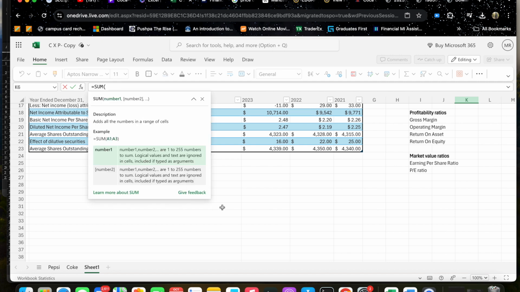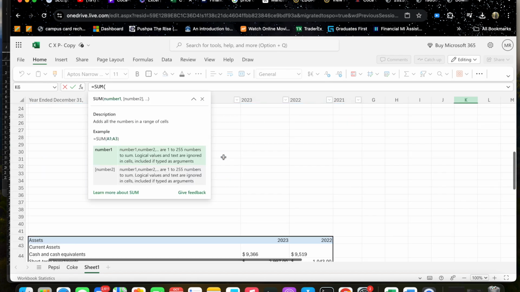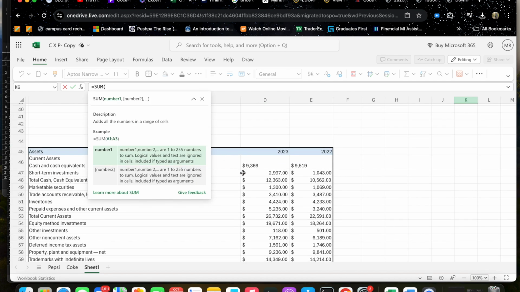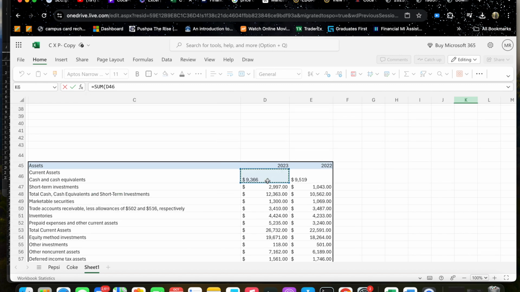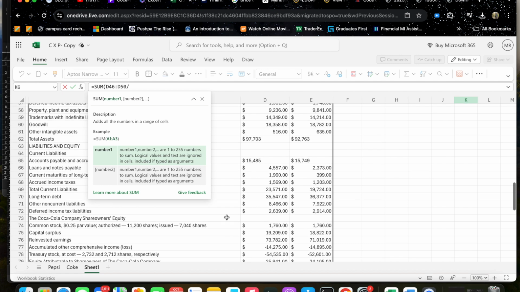So now we're going to do the cash ratio. We'll simply follow the same old formula, cash and cash equivalent divided by the current liabilities. So we'll sum up the cash and cash equivalent, securities such as marketable securities and receivable and the cash equivalent.